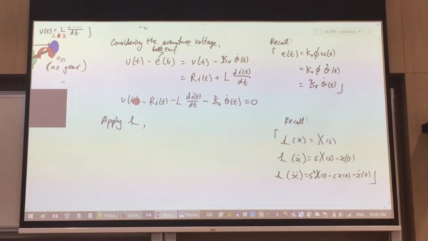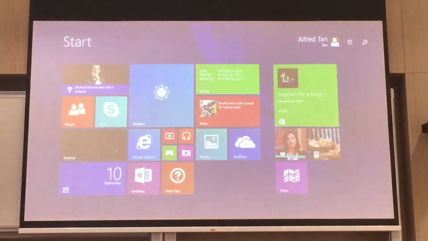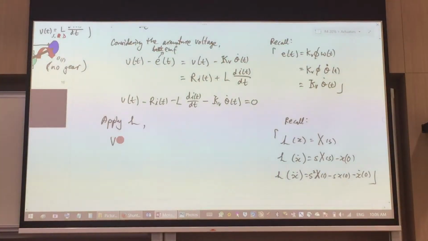So my V(t) will become V(s), and that R will stay because it's constant. I(t) will become capital I(s), and this whole part over here, L times s I(s) minus I naught, minus K_b s Theta(s).